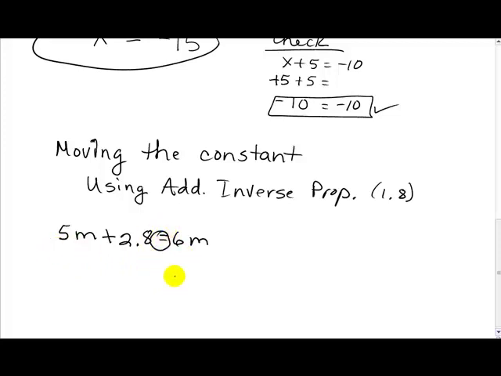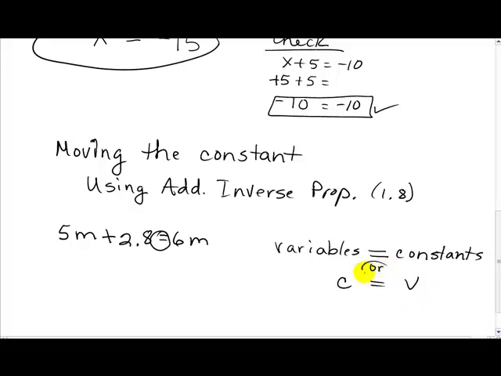This equal sign, we need our variables on one side of that equal sign, and we need our constants on the other. Doesn't matter which. We could put the constants over here and the variables over here. But that's what we've got to do. And since we've already got just a constant here, let's leave it and move the variables over here.